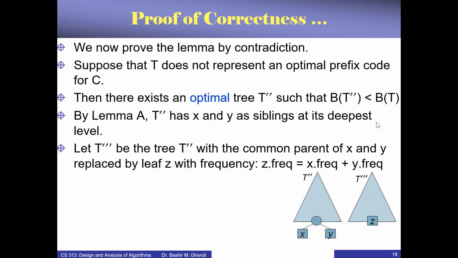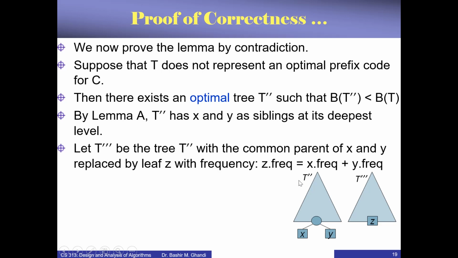All right, I'll show you that again in this diagram. So T is optimal, therefore by our lemma, it will have this x and y. Remember, x and y has the least frequency. So by lemma A, we should be able to find them in the deepest level of our optimal tree here.